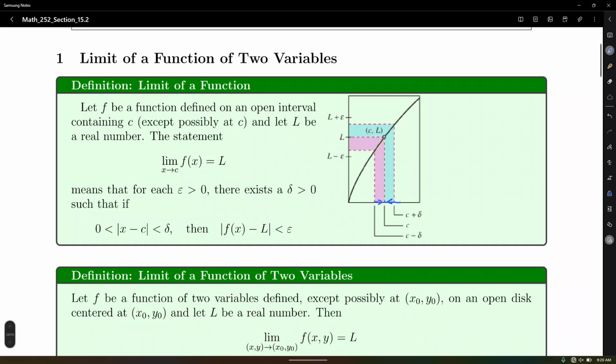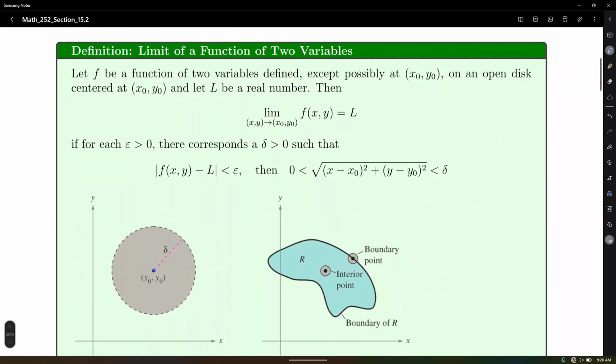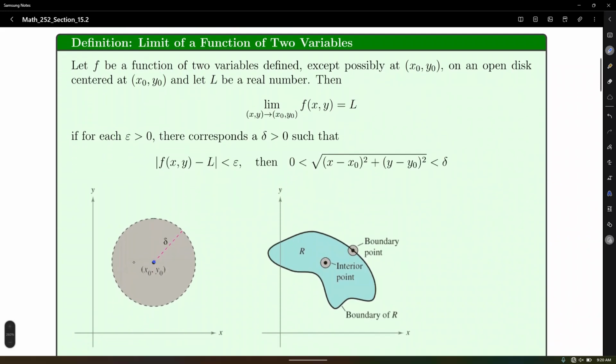How about that? Here is the thing. For functions of two variables, you can approach this point from the left, from the right, from the top, from the bottom, like this, like that, or by means of a diagonal line as well.